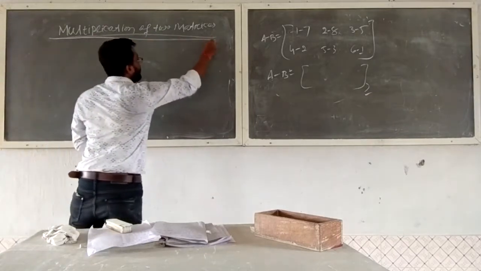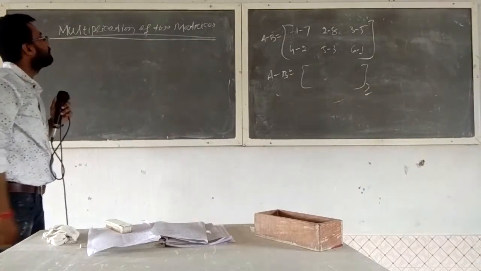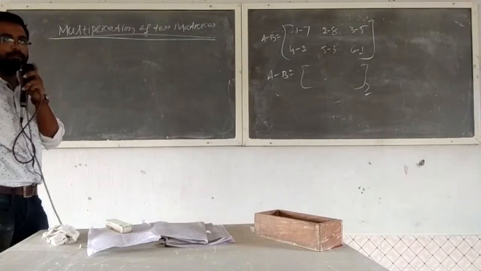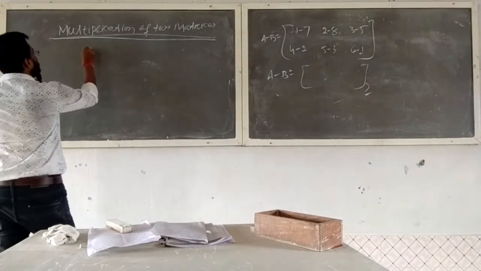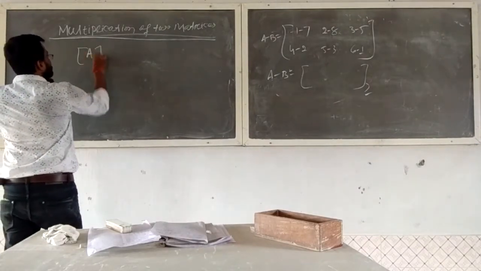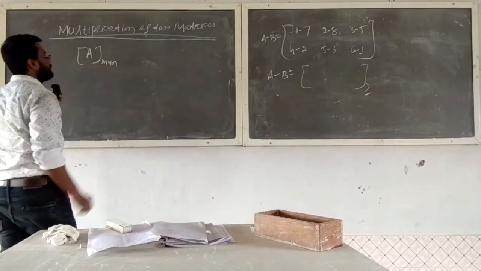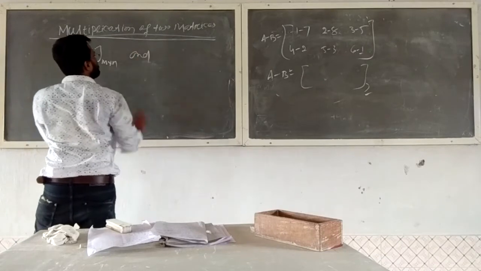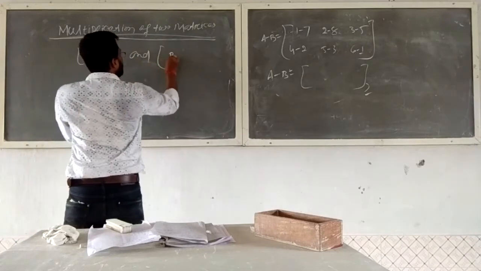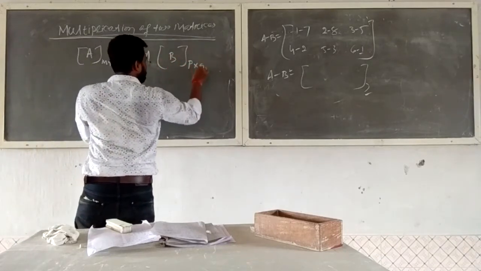Multiplying two matrices is possible under a condition. Say the A matrix is given with M by N order and the B matrix is given with P by Q order.